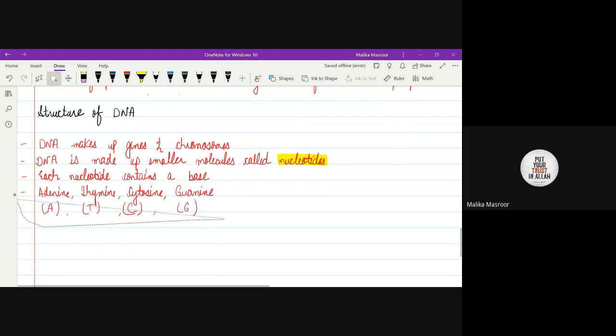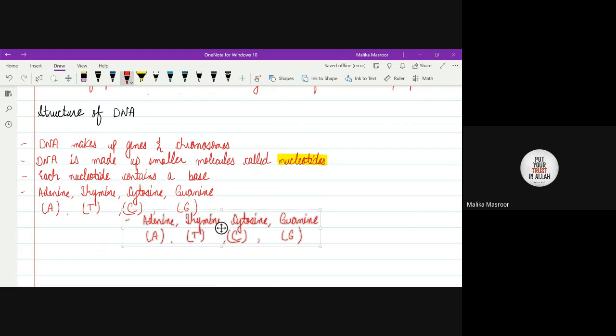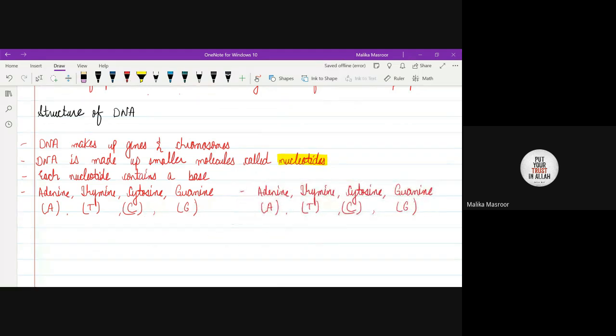So in RNA, instead of thymine, you have uracil.